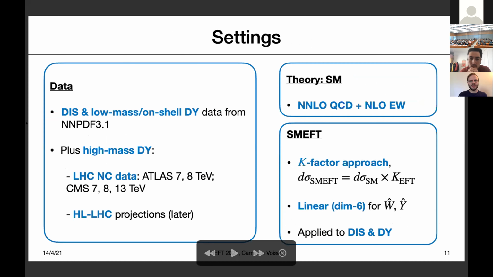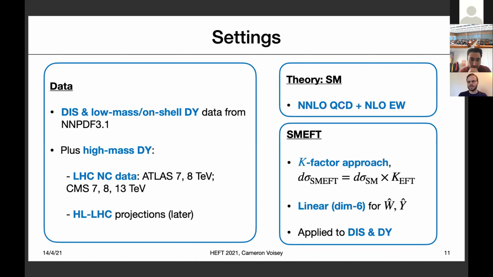Okay, now a bit about the actual settings we use when we are doing these fits. The PDF fits are all done with the NNPDF framework, and we start with a basis of just DIS and low mass or on-shell Drell-Yan data, which we take from the latest NNPDF release 3.1, and we exclude all other data.